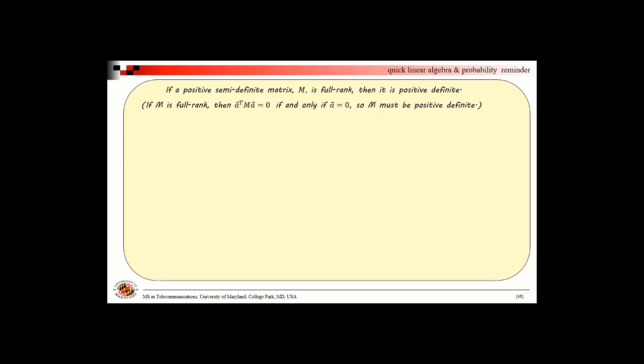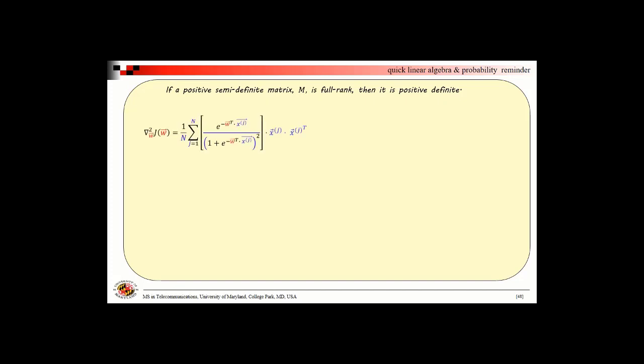But if in addition M is full rank, then we know from linear algebra that A transpose MA is identically equal to 0 if and only if the A vector is identically equal to the 0 vector. So if M is positive semi-definite and it is full rank, it must be positive definite. All right, what's that got to do with ours?